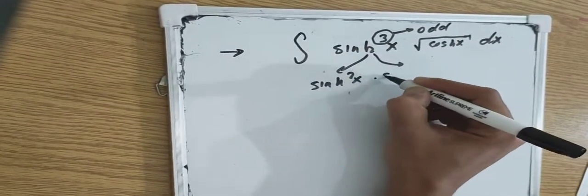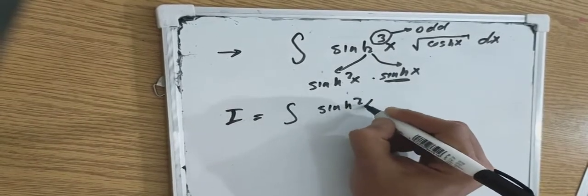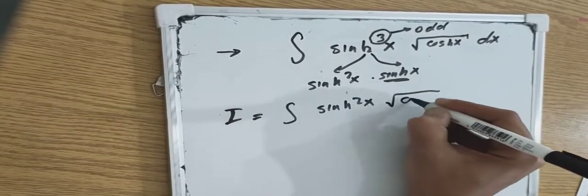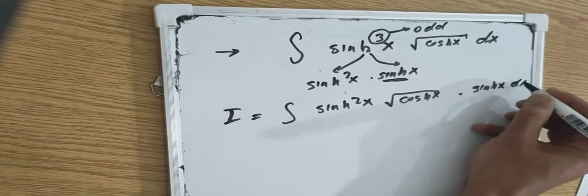So we can write sine power 3 as sine squared times sine, and we can have this sine to be the derivative. So we have sine squared root cosine x, which is this term, times sine x dx.